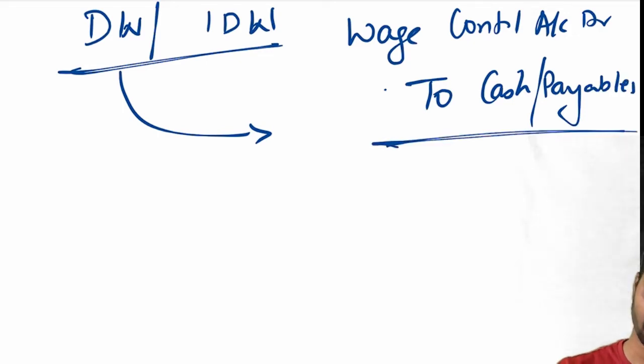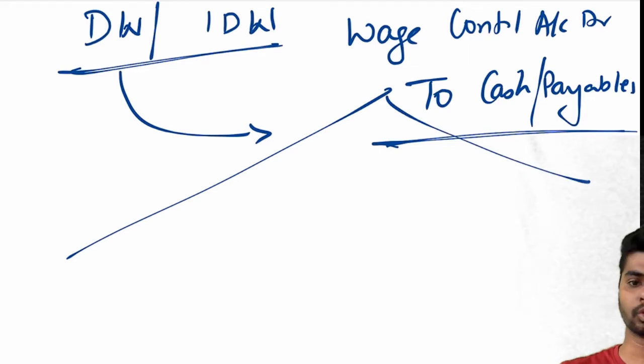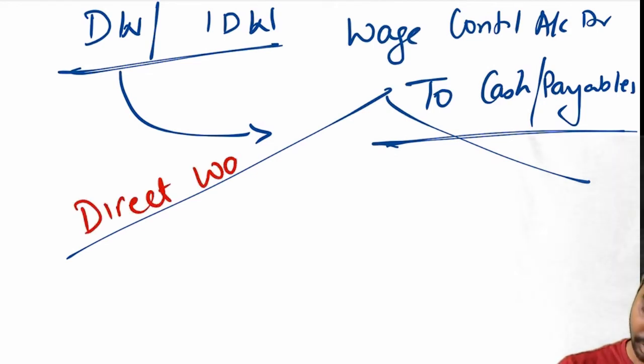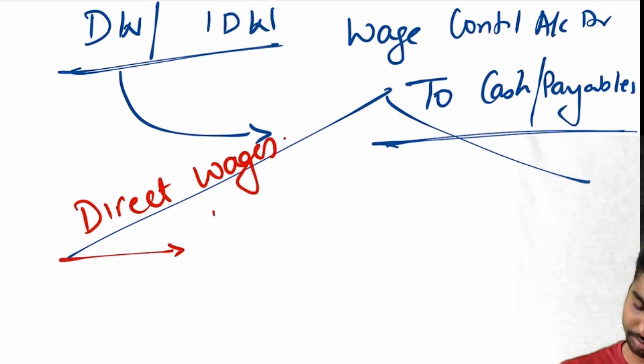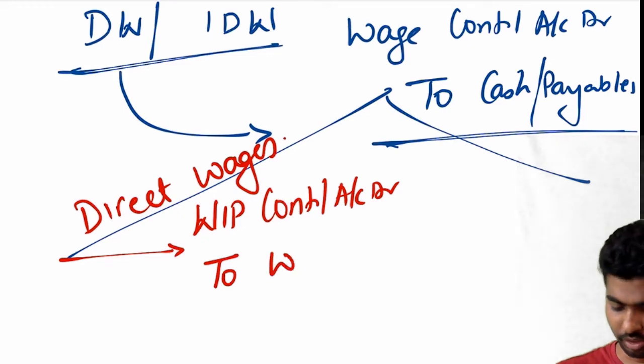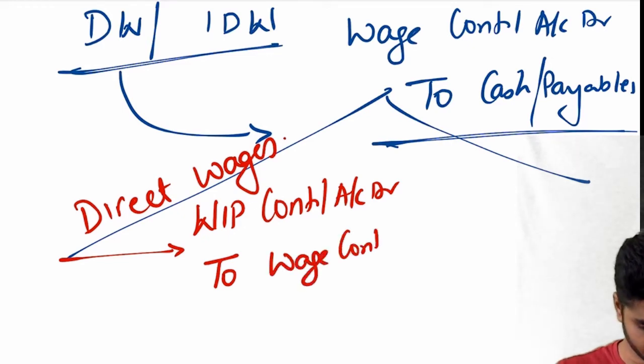From here, it will move to two different scenarios. The first scenario is if it is direct wages, it will go to WIP control account debit to wage control.